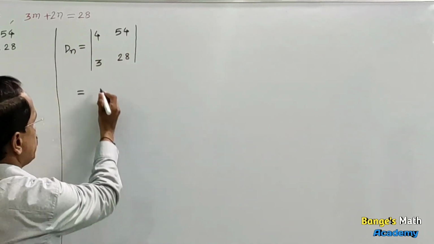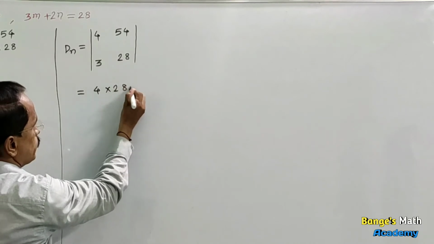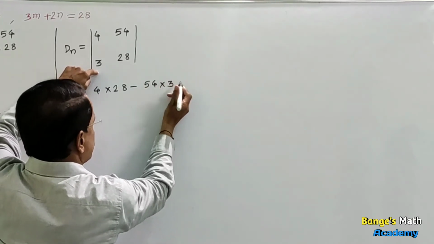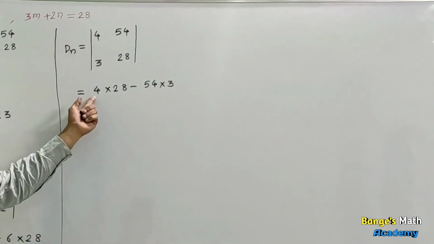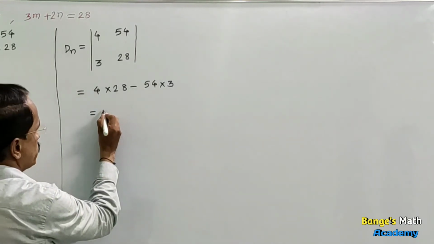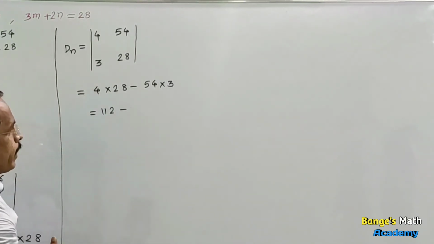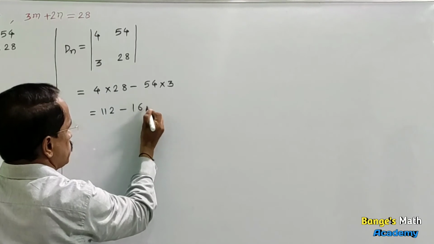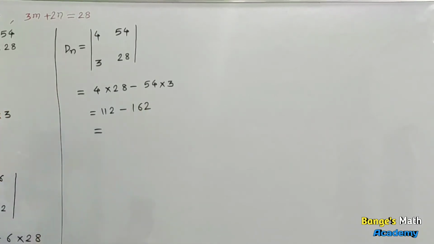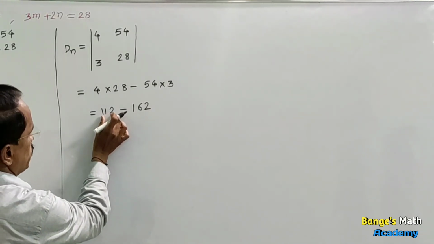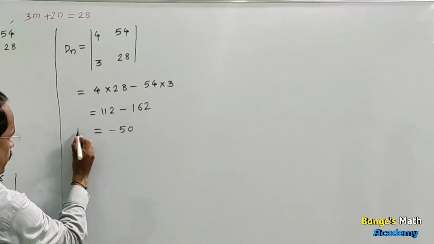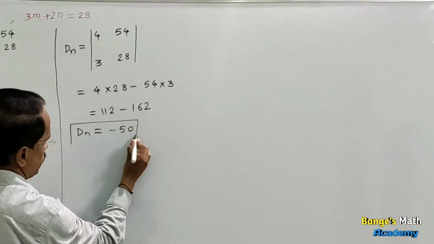Product of 4 into 28, minus 54 into 3, is equal to 4 into 28 is 112, minus 54 into 3 is 162. Subtraction of this, 112 minus 162 is minus 50, we get value of dn.